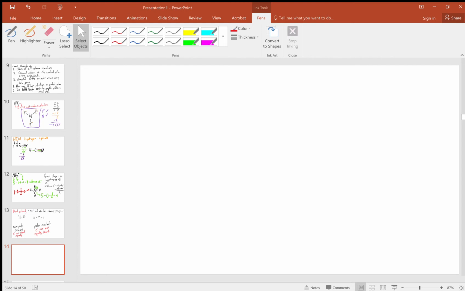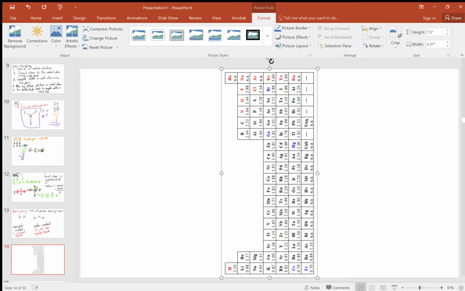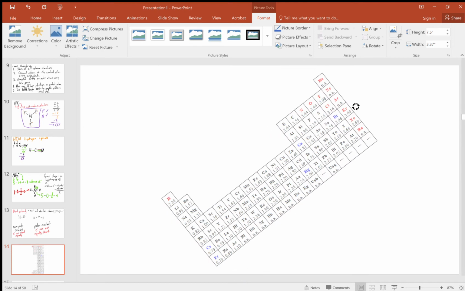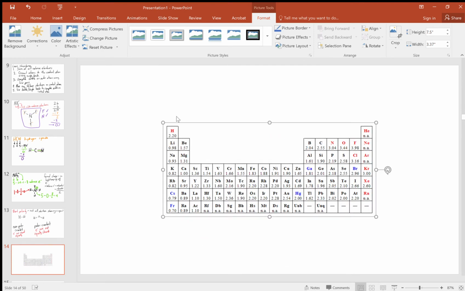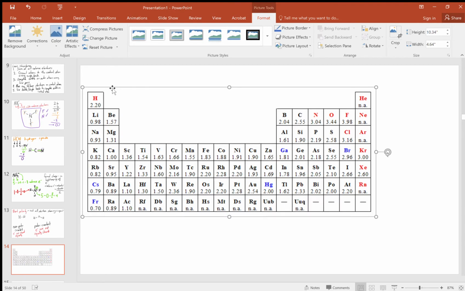So we now need to introduce a concept known as electronegativity. And you can see here is an electronegativity chart.